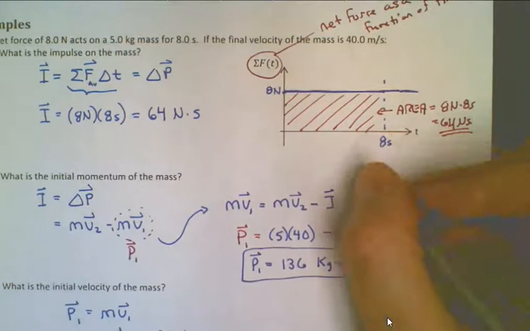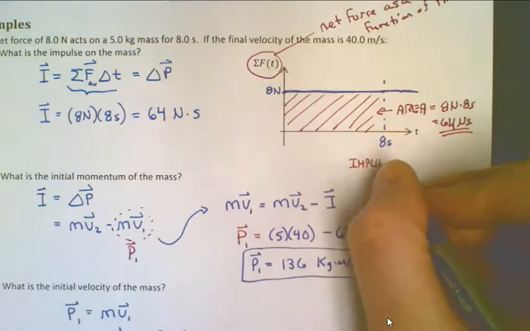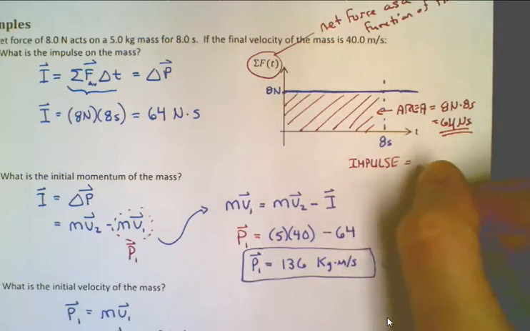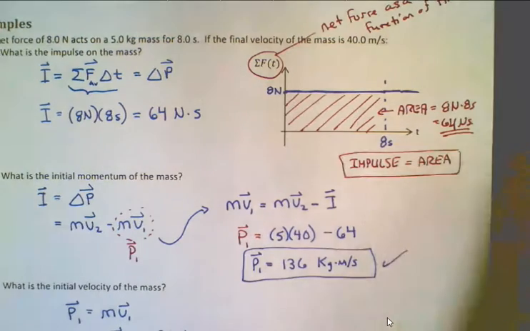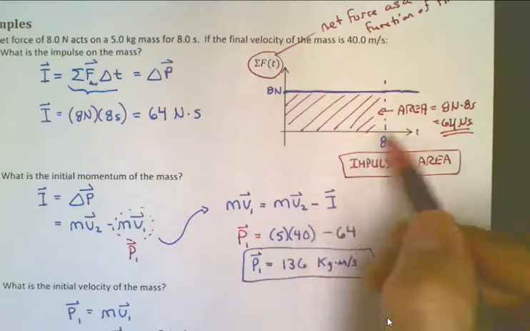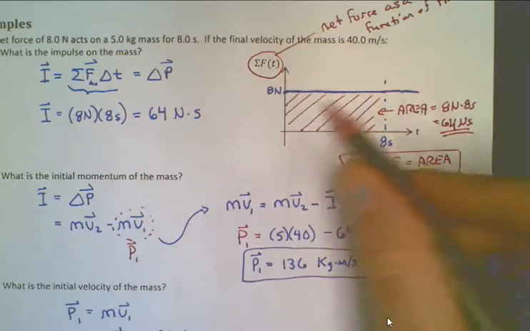So the impulse equals the area bounded by the x-axis and the force curve, this area here. In this case, it's positive.